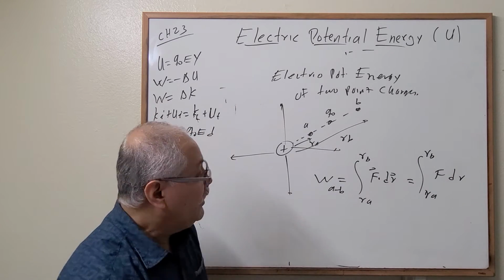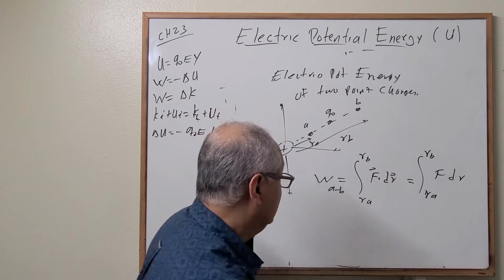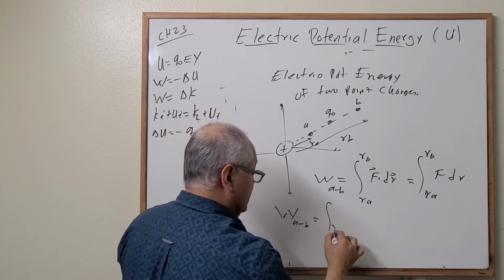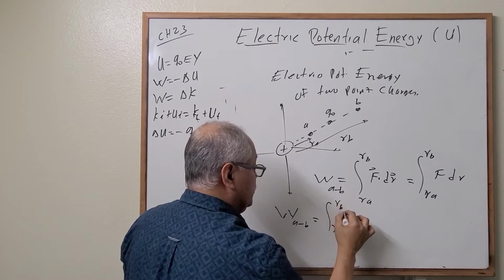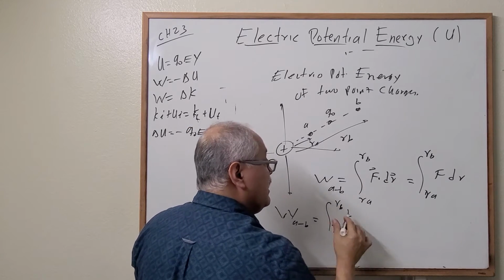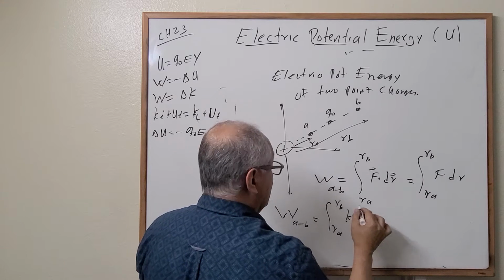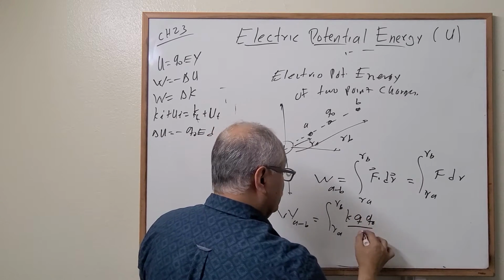Perfect. Now what is the force acting? We have the work from A to B, from this position to this position. What is the force going to be? K Q plus times Q naught over R squared.